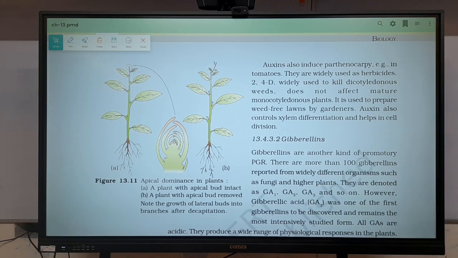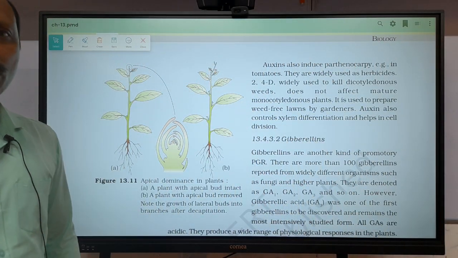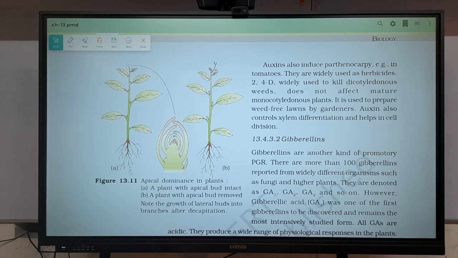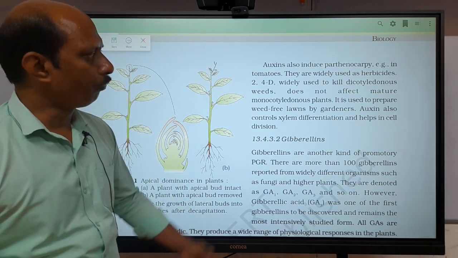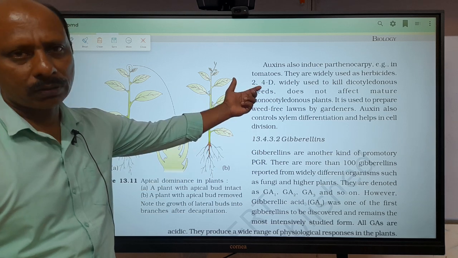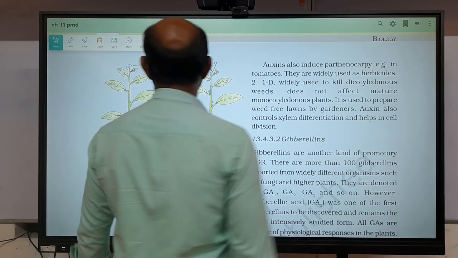Auxin also induces parthenocarpy. What do you mean by parthenocarpy? Parthenocarpy means seedless fruit. Without fertilization, fruit is formed, right? So auxin induces parthenocarpy in making seedless fruit, as in tomatoes, grapes and papayas, right? They are also widely used as herbicides.